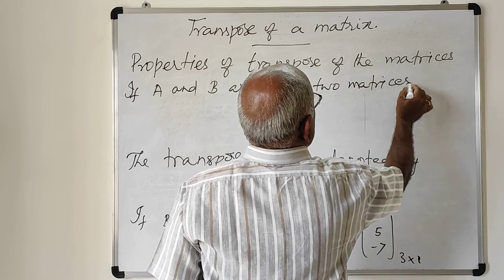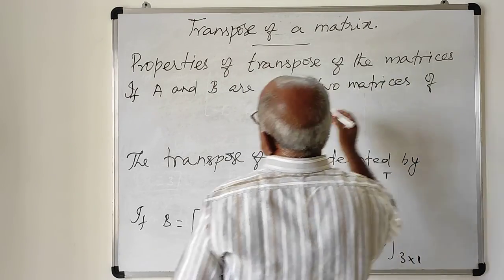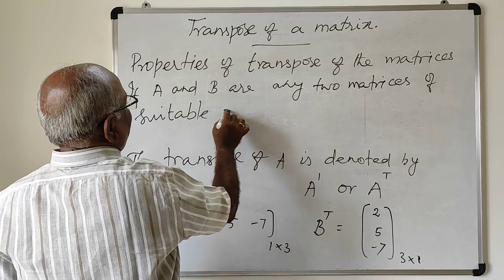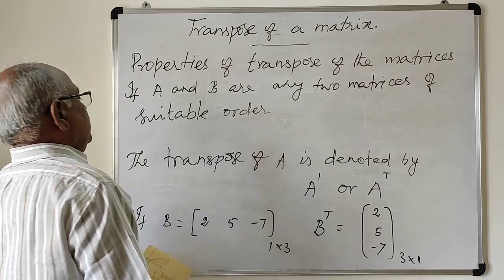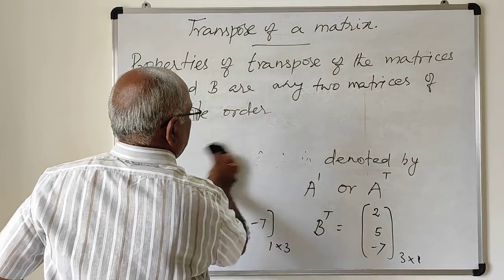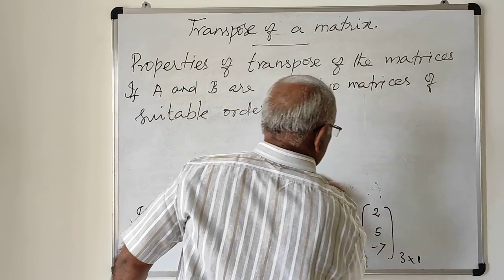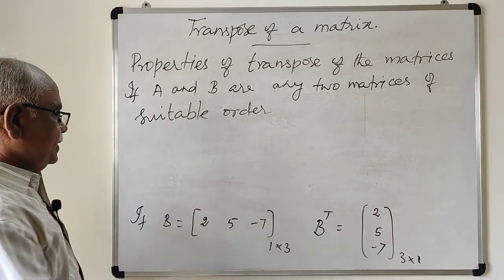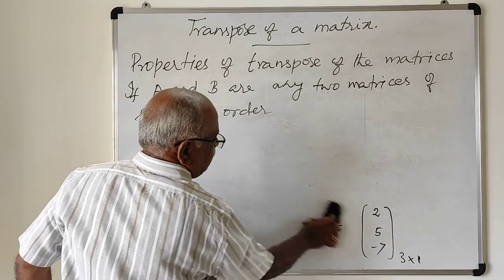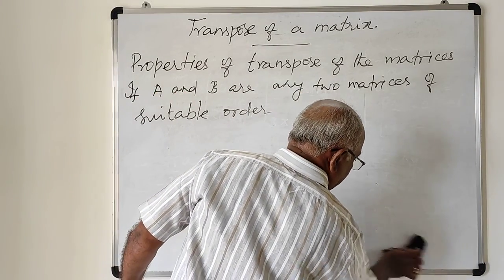If A and B are any two matrices of suitable order, then there are four or five properties of the transpose of a matrix. Let me define the properties first.